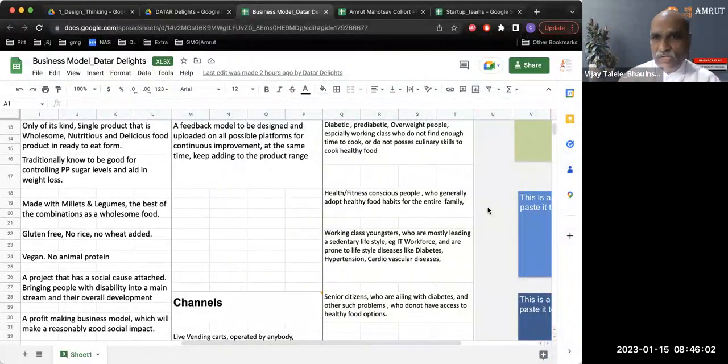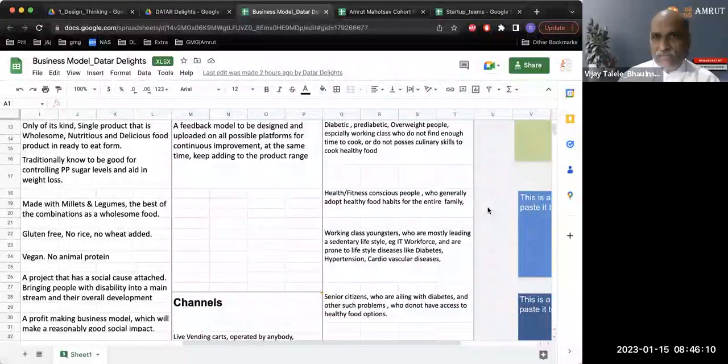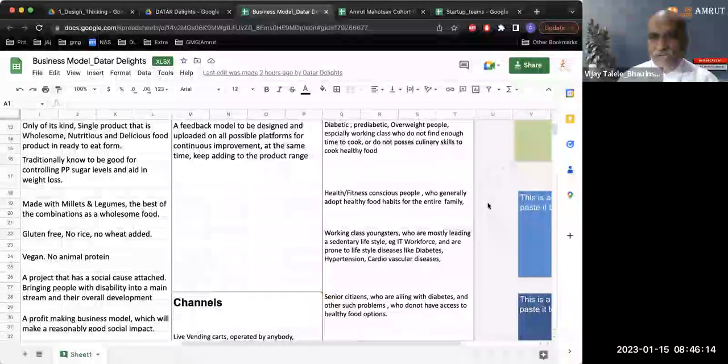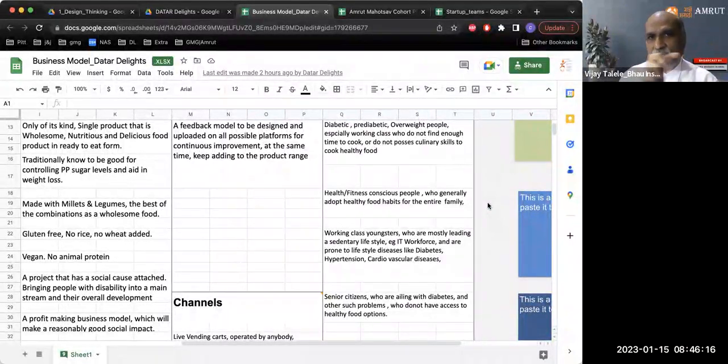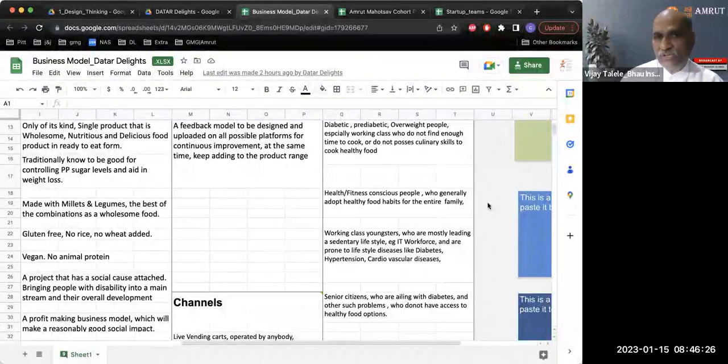That comes across all ages. Nowadays there are diabetic students or kids who have diabetes at the age of 5 or 6, and there are diabetes patients at the age of 70 or 80 also. So you are covering the entire spectrum in the first block itself. Unless you have a specific value proposition for senior citizens, you can create that as a customer segment block. Otherwise, you don't need to.